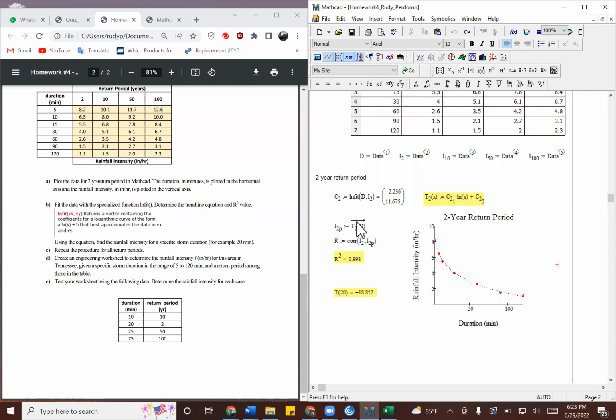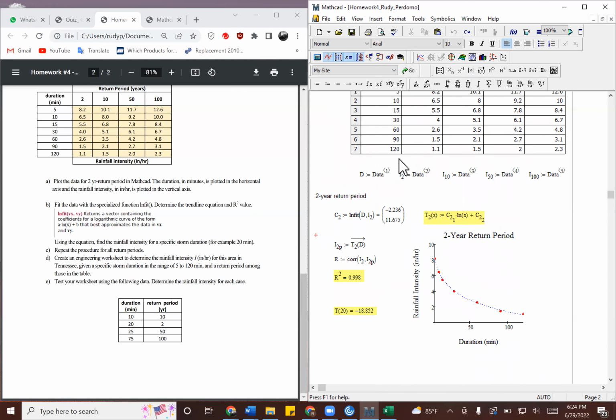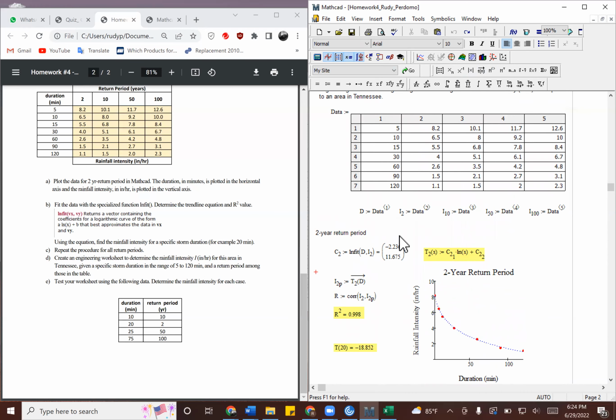For your R-squared value, you need the actual Y values and your predicted Y values, and then it compares them for a correlation. It gives us R, right? So I dot 2 P, with no dot between the 2 and P, is equal to the vectorized trend line using these D values.